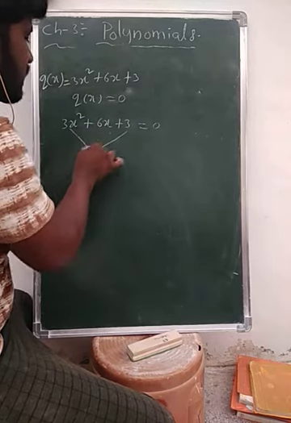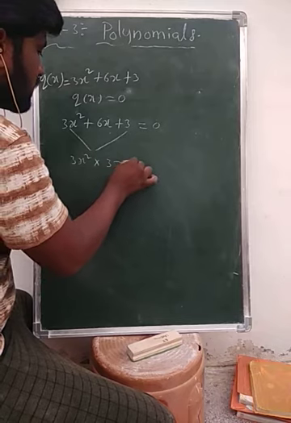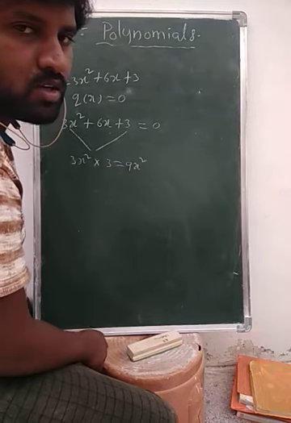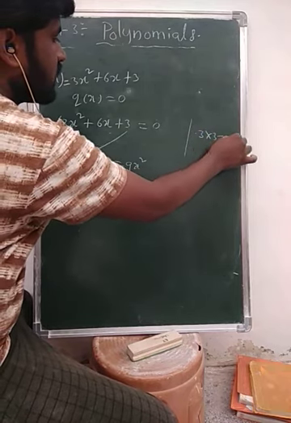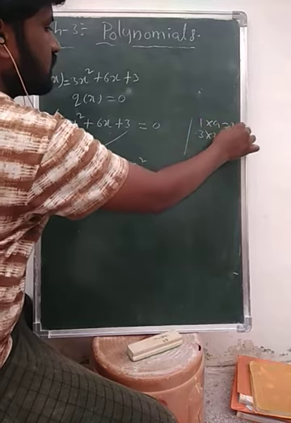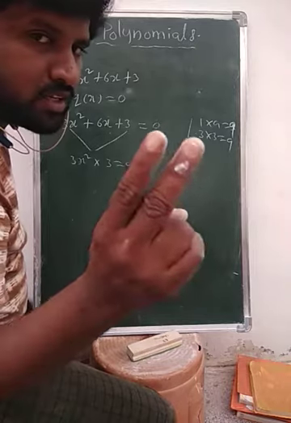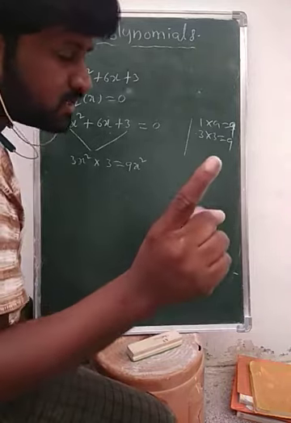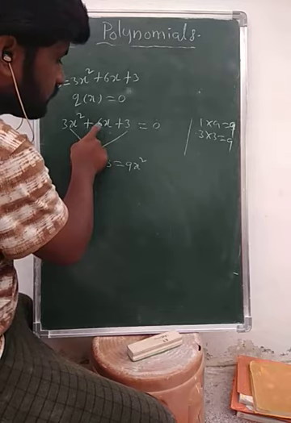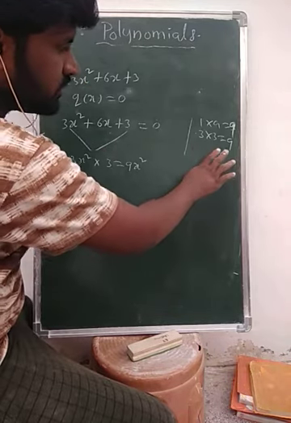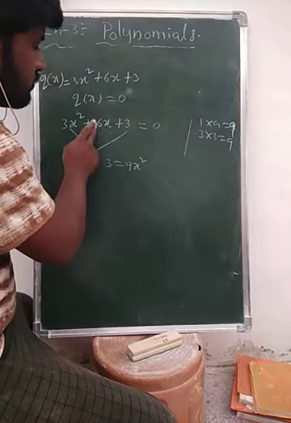By splitting the middle term, 3x square into 3 means 3 threes are 9, 9x square. What are the factors of 9? Factors of 9: 3 threes are 9, 1 nine is 9. What is the condition? You take any two factors of 9, but their product should be 9 and their sum should be 6.